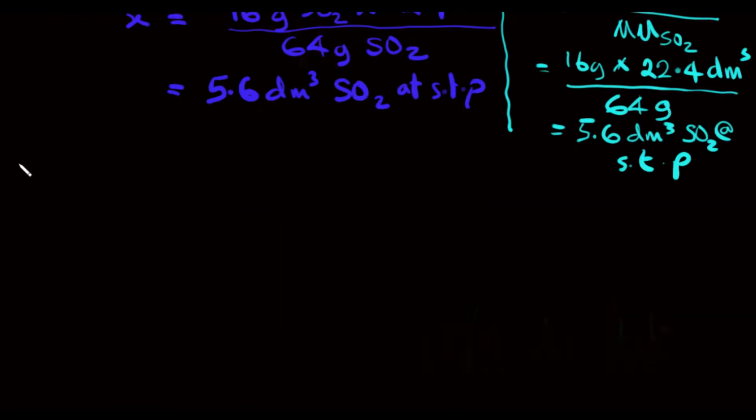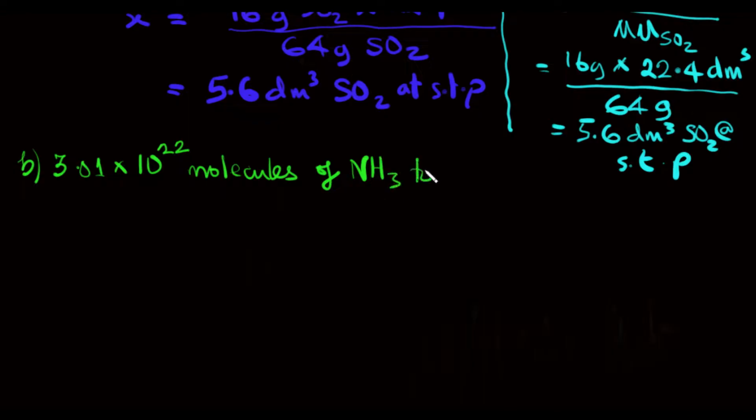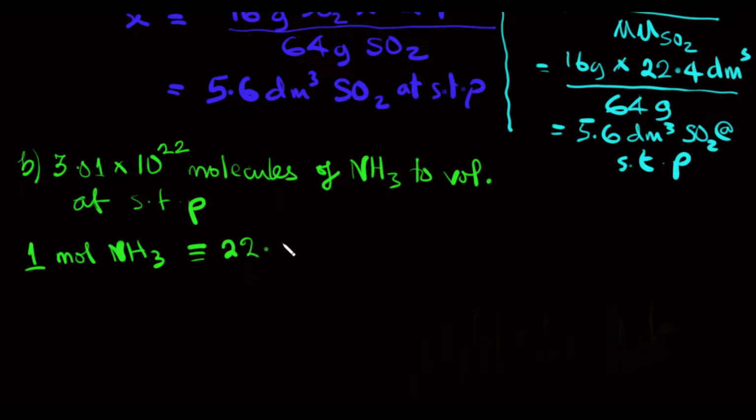B. We are told to convert one mole of ammonia gas occupies 22.4 dm cube at STP.